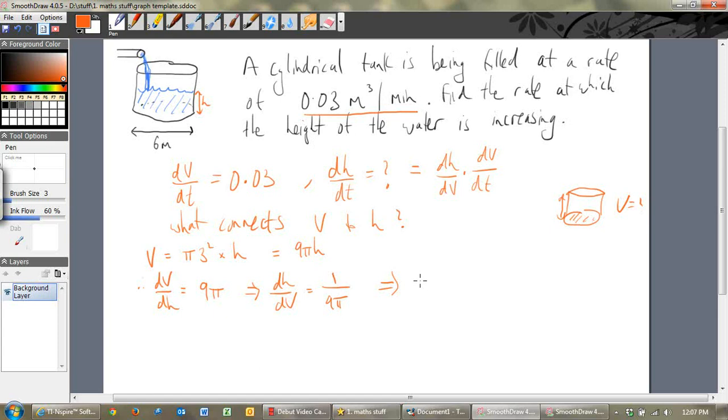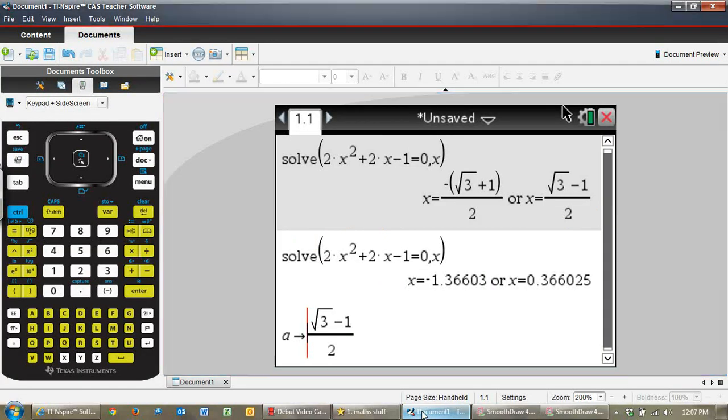Therefore, back up the top now, dh/dt is equal to dh/dv, 1 on 9 pi, times dv/dt, which is 0.03. And this will be your rate. Let's just put that into the calculator. 1 on 9 pi times 0.03.